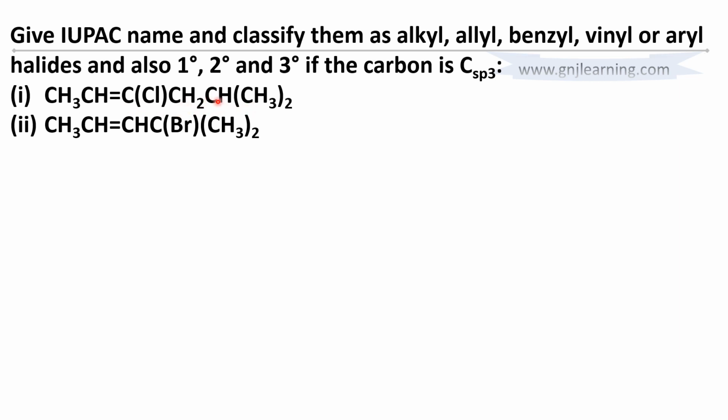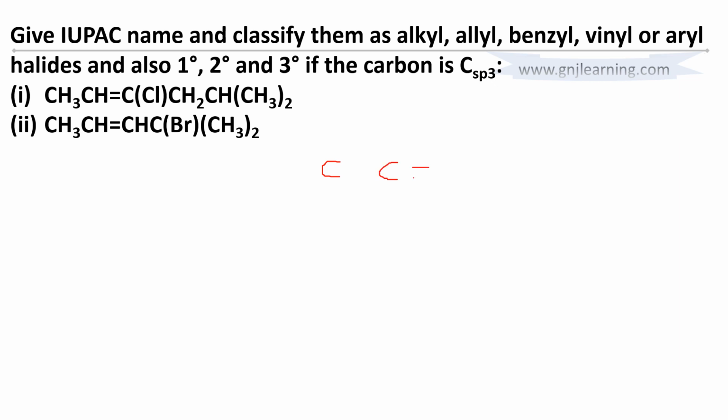On this carbon atom I have 2 methyl. So I can take 1 methyl. For the convenience of understanding, I will draw it. Whenever you are getting such a complicated formula, try to figure it out.